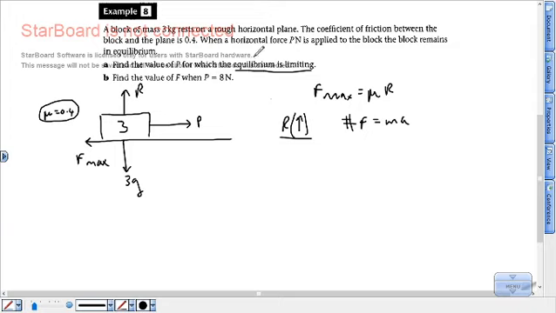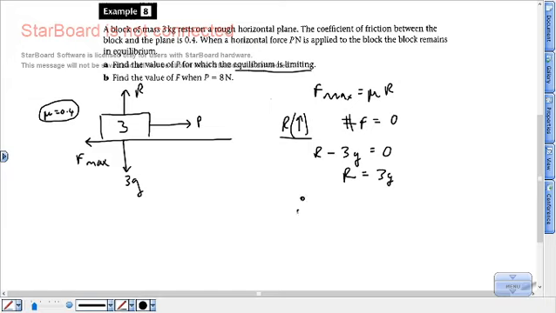Because we're in limiting equilibrium, we're going to assume that is equal to 0. But it doesn't matter, it's going to equal 0 anyway in the vertical sense, because it's not moving downwards or upwards. So the sum of the forces, R being the positive one going upwards, take away the force going downwards, 3g, is equal to 0. So clearly R is 3g.